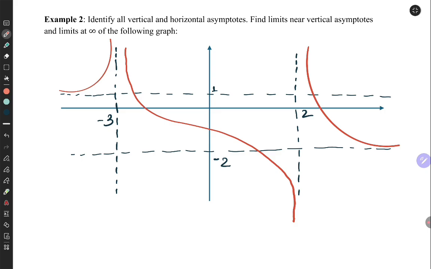Any question? Which one is the vertical asymptote for this group? -3. How about the horizontal asymptote? Correct. Bless you. -3, 2, horizontal asymptote. Looks like the horizontal is.